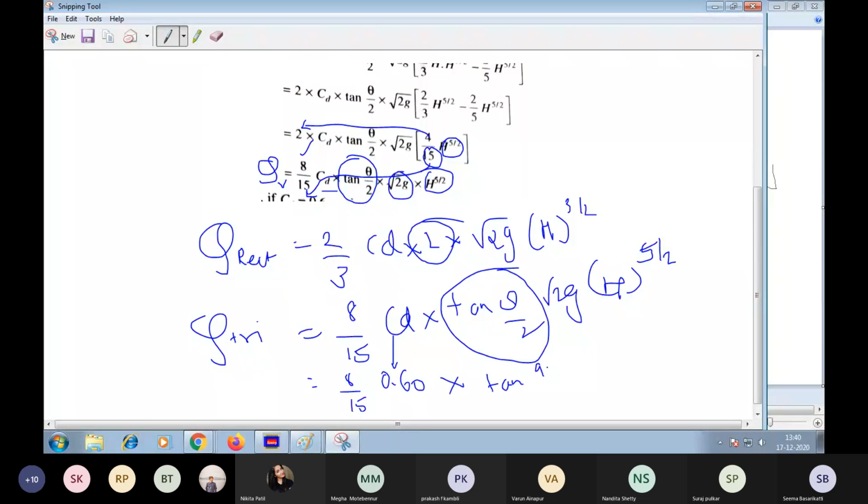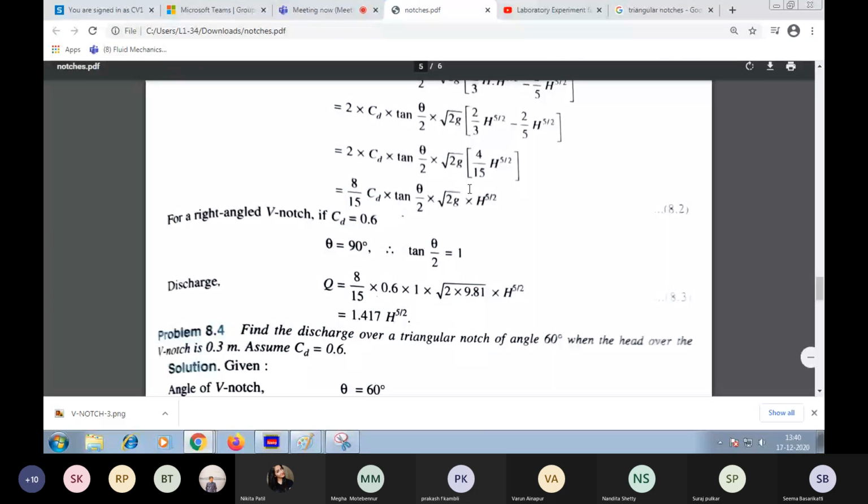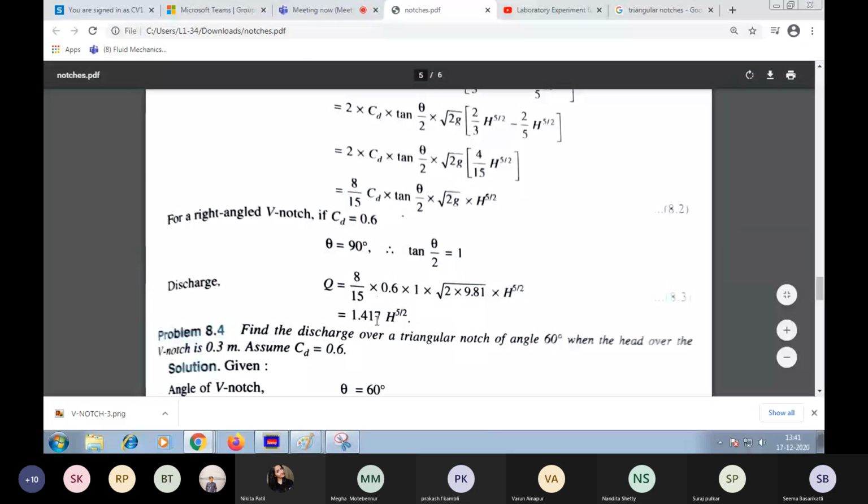It is 90 divided by 2, that is tan 45, into square root of 2g into h raised to 5 divided by 2. When you calculate this, the value of the terms we get is 1.417 h raised to 5 divided by 2.